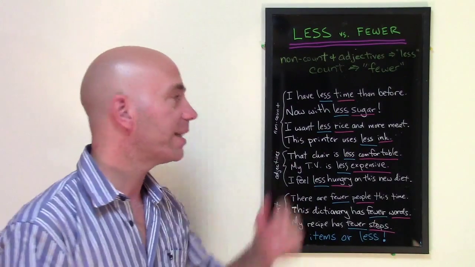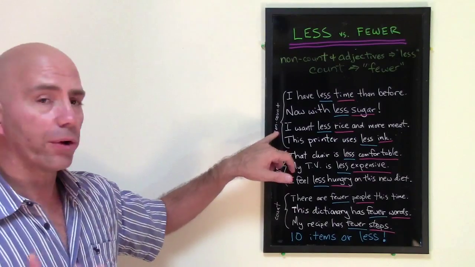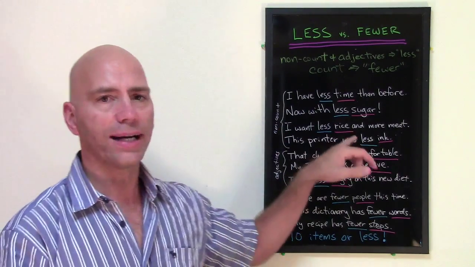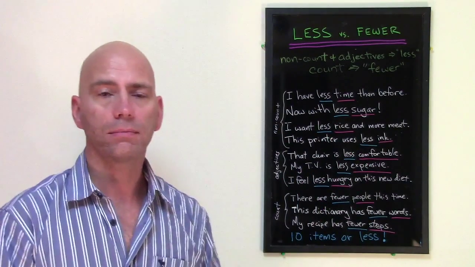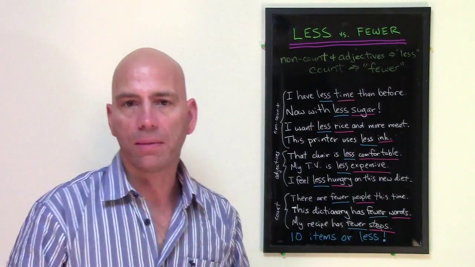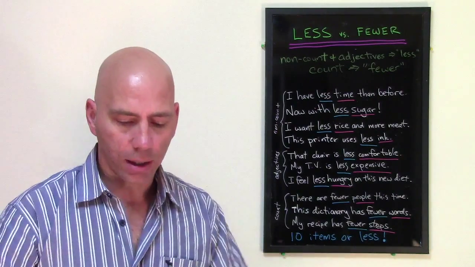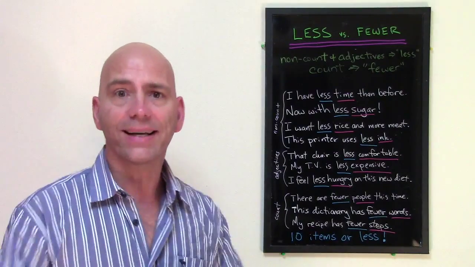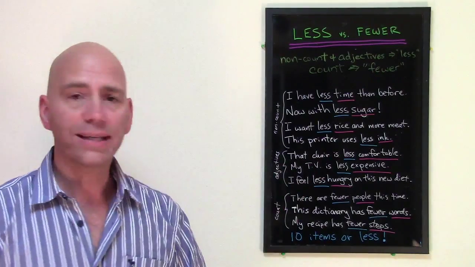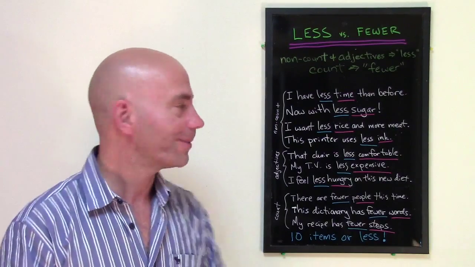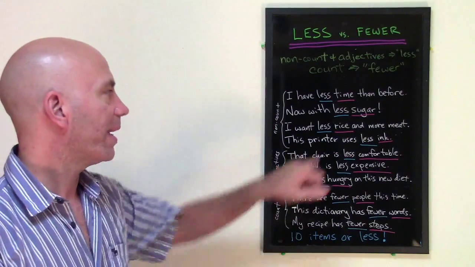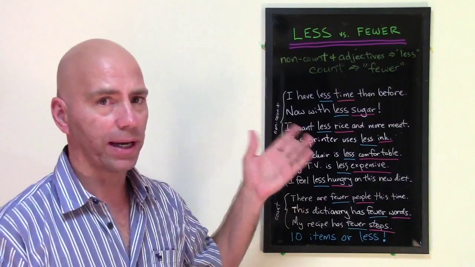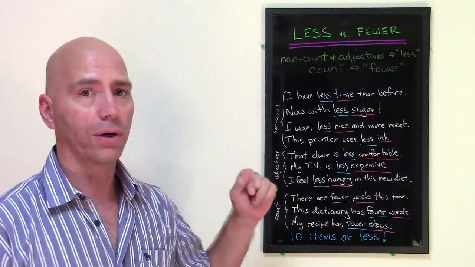So less sugar. The third one, I want less rice and more meat. Maybe my wife gave me a lot of rice and very little meat, and I want more meat and less rice. So I want less rice and more meat, please. Again, with rice we don't count, and we use the word less.